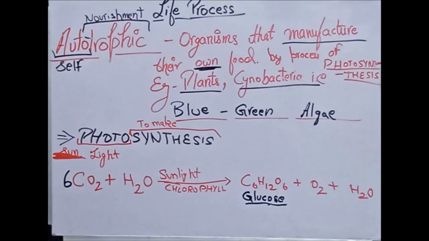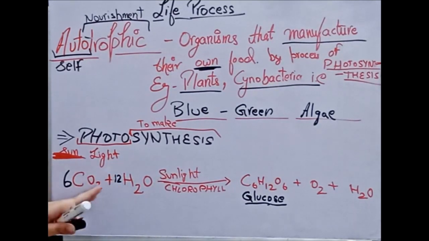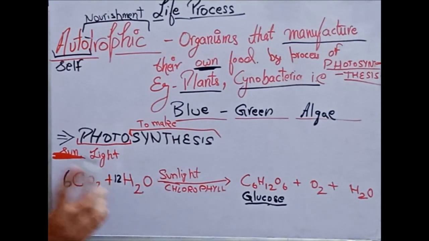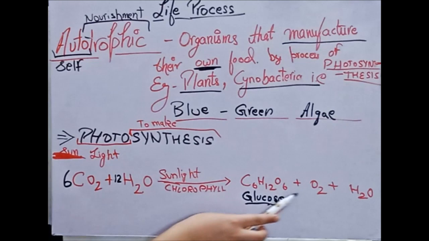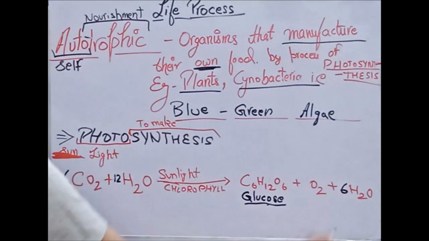I think I should make it 12. Let's try it with 12. Although I have not checked it yet, I think we can write it like this. 12 to the 24. Here we have 12, and I can write 6 here. Now, does it look balanced? Let me check.